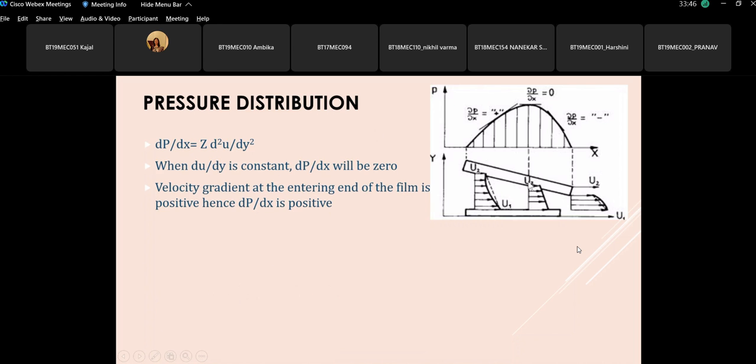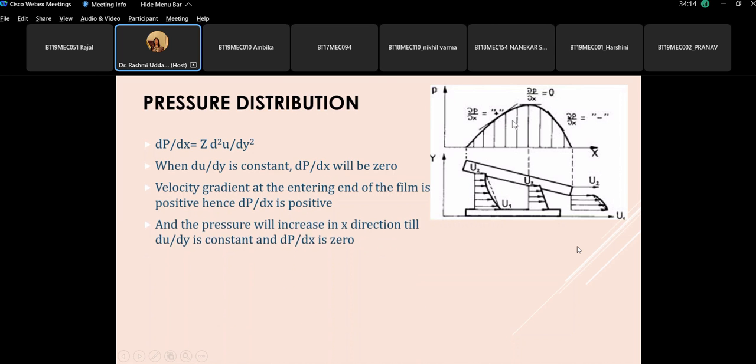For this particular expression, assuming a uniform thickness where the gradient is constant, you can see a straight line. So this gradient is constant, and del P by del X becomes 0. At the entrance, when the oil is entering the converging film, the velocity gradient is such that dP by dx, or del P by del X, is positive, and the pressure is continuously increasing.